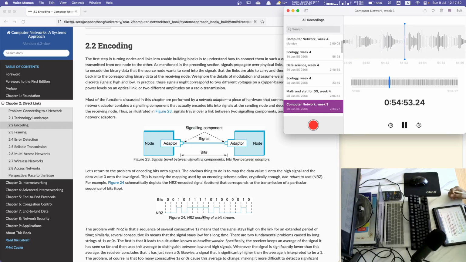The first problem is that a sequence of several consecutive 1s means the signal is high for a long period. Similarly, several consecutive 0s means the signal is 0 for a long time. So what happened?